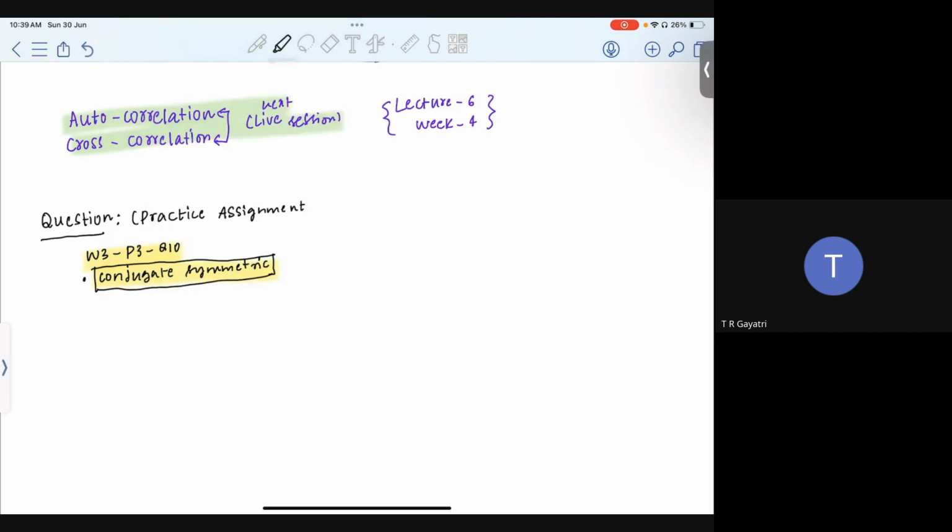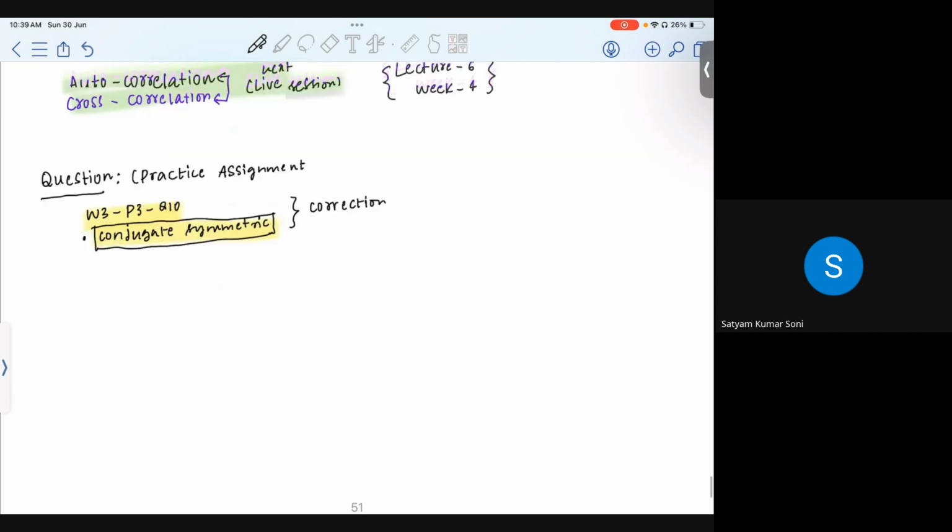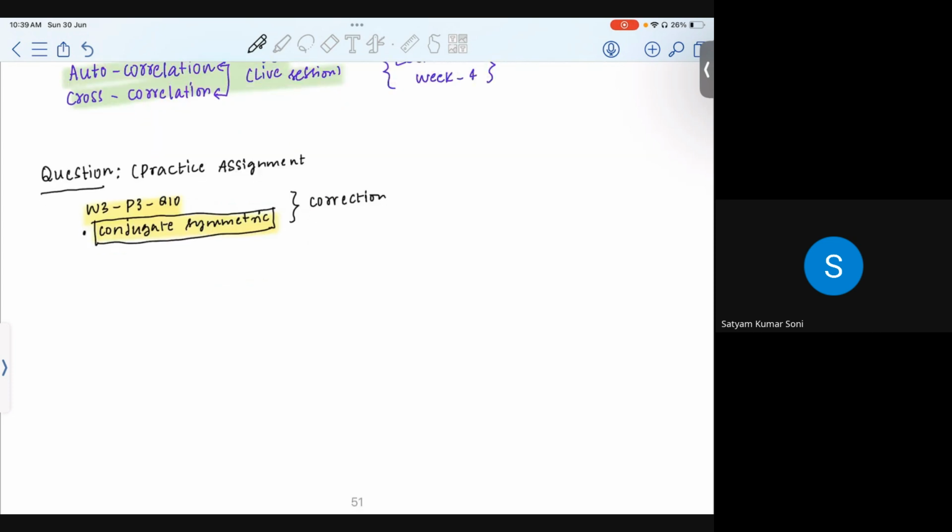So which question did you have a doubt in? Question 9 and question 10. From which practice assignment? Practice assignment 4, question 9.